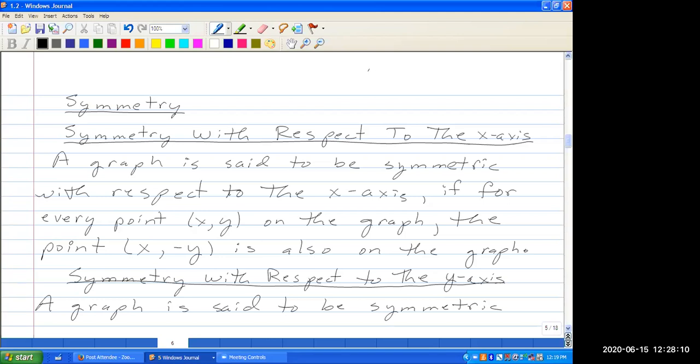So if you say this is the x and y axis, and you have some curve here, it's symmetric about the x-axis if for every x here, you have a y and a negative y. It's the same distance from the x-axis.